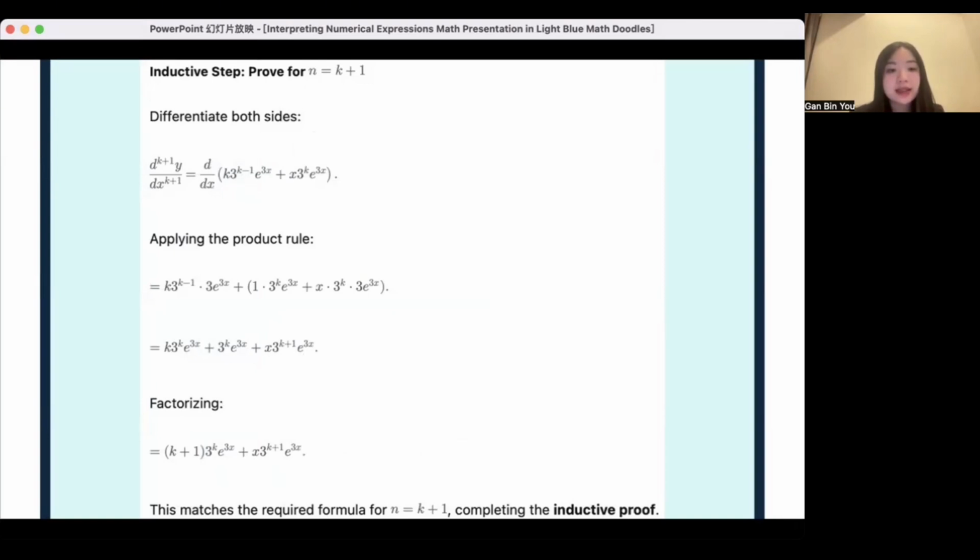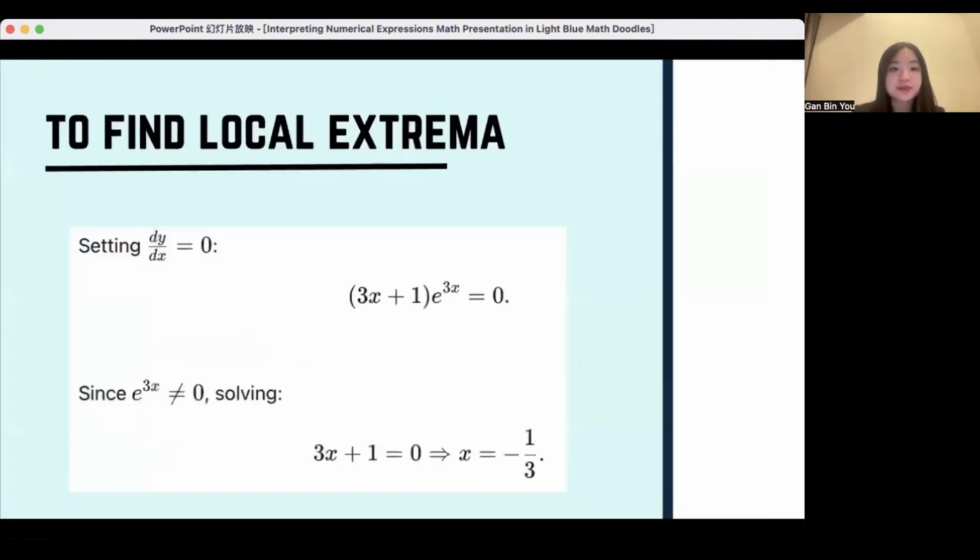After applying the product rule, we can get this equation. This matches the required formula for n equal to k plus 1. So we are completing this inductive proof.